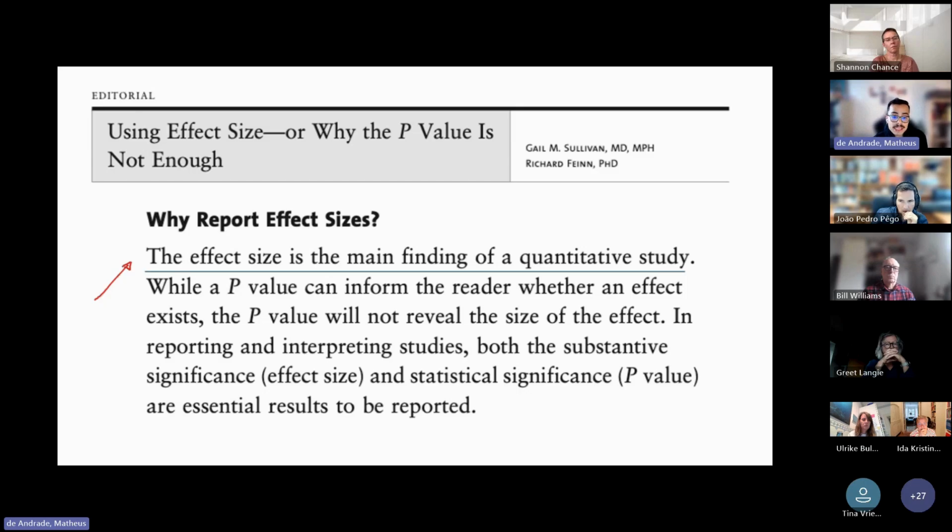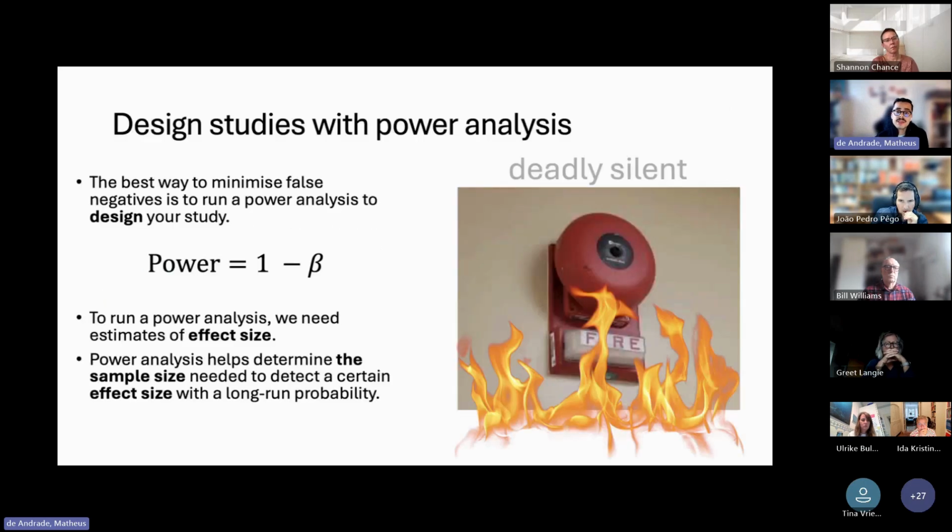So now let's see how the effect size can help us avoid type 2 errors, which is the alarm that does not go off when there's a fire. As I mentioned, the power of your study is the chance that your study is going to capture a significant effect when it exists, or 1 minus the chance that it's not going to capture it.